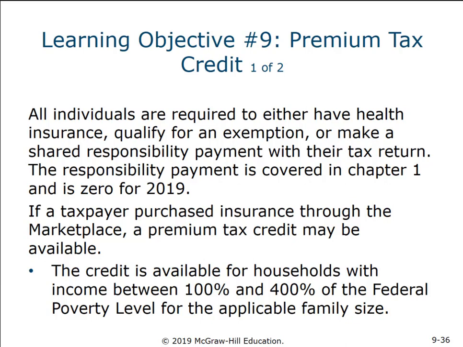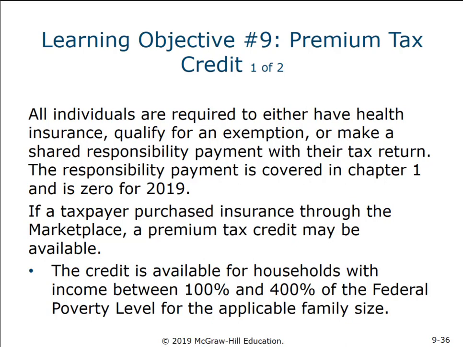Okay, so last credit, premium tax credit. This is a credit to help you pay for your healthcare premiums that are required or were required. So the responsibility payment was covered in chapter 1. We really didn't cover it because it's 0 for 2019.